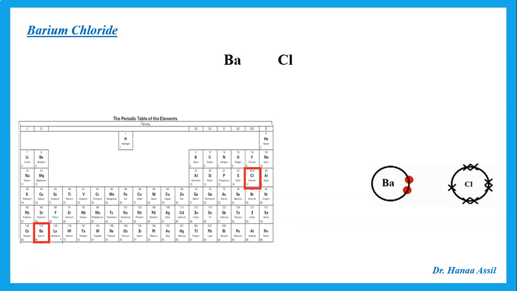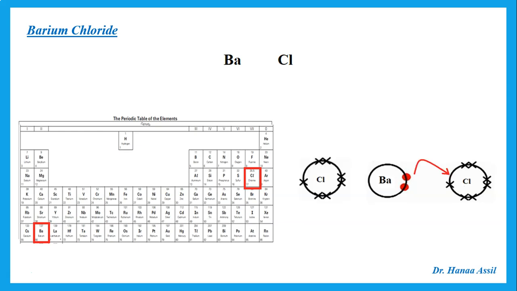Then we look, barium is in group 2, that means it has 2 electrons in its outermost shell. Chlorine has 7 electrons in its outermost shell, so it needs how many? The barium has 2 in its outer shell, it has to lose 2. But the chlorine can gain only 1. So what am I going to do with the other electron?